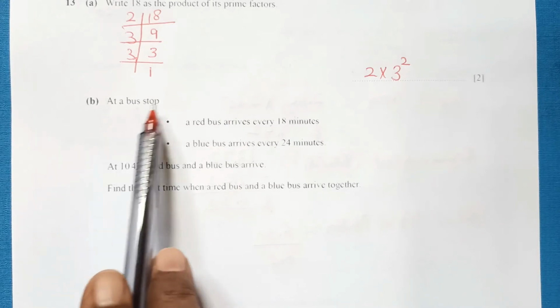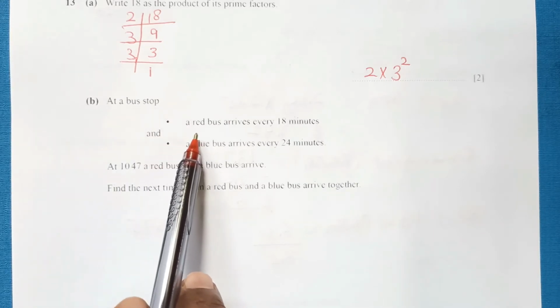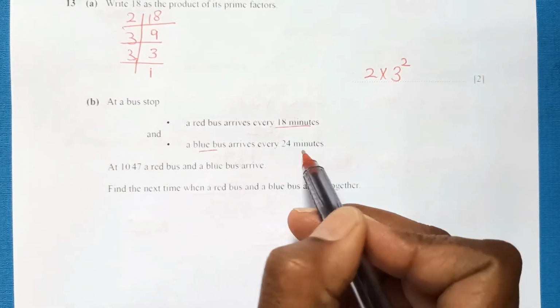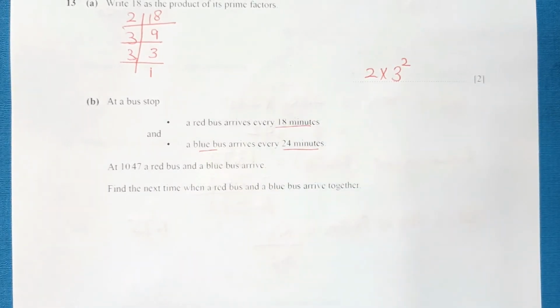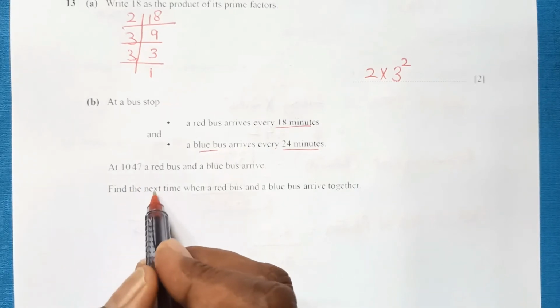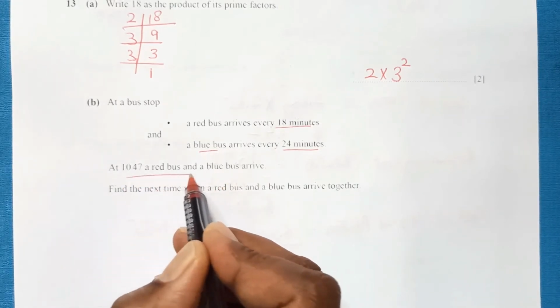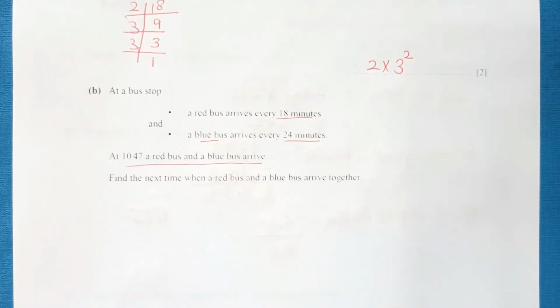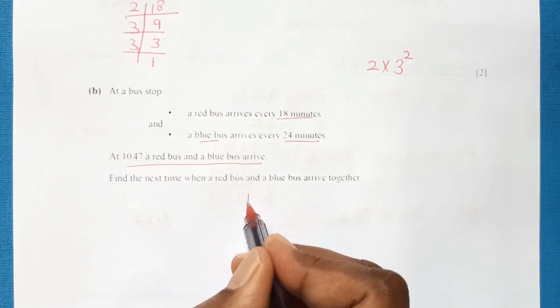Part B. At a bus stop, a red bus arrives every 18 minutes and a blue bus arrives every 24 minutes. At 10:47, red bus and blue bus arrive. Find the next time when red and blue bus arrive together. So we have to work out separately.